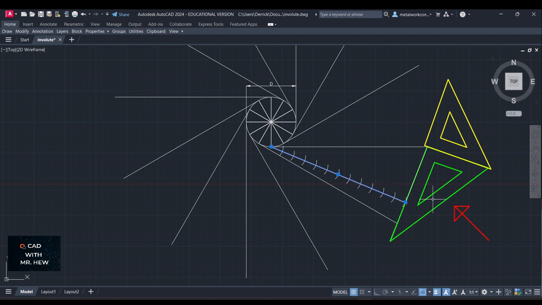When you finish, you would have 12 lines representing the 12 divisions you have divided the line into. So you're dividing this line into 12 equal parts with the aid of two set squares in today's video.